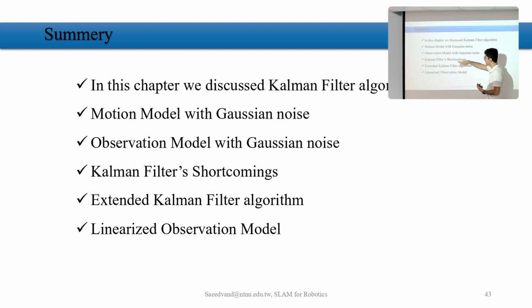And what we've done, we introduced the extended Kalman filter that can solve it with linearization. Finally, we linearize it and we solve the problem. This is the end of this chapter, so if you have any question, you can ask. Okay.